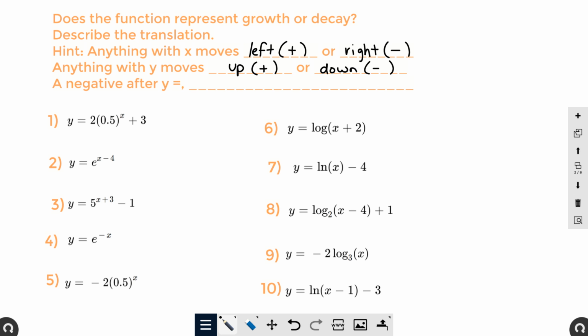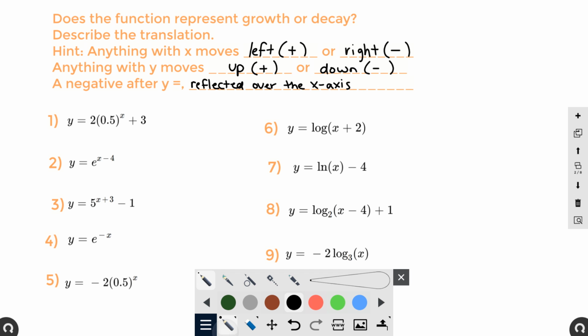If there's a negative right after the y equals, so if it's y equals a negative, it makes it reflect over the x-axis. And those are the main ones that we talked about when we did our absolute value graphs, and we did some stuff in math too. So we are going to use those things and talk about it with our first 5 problems here.